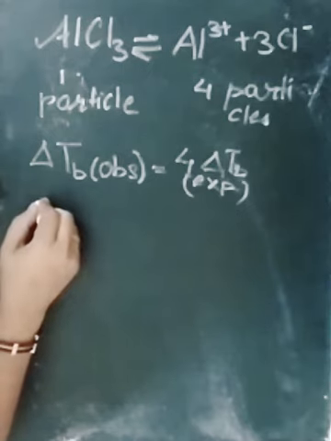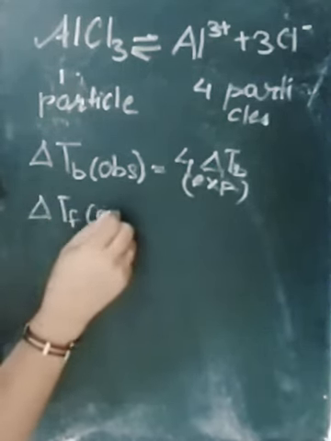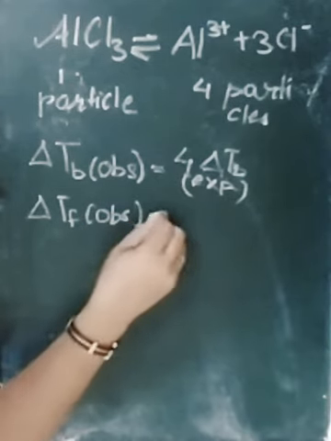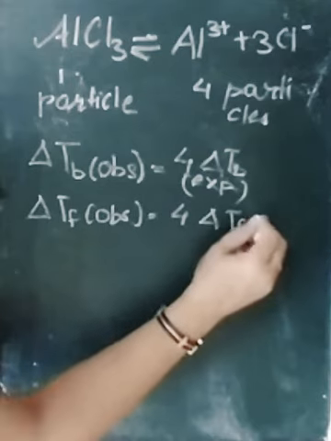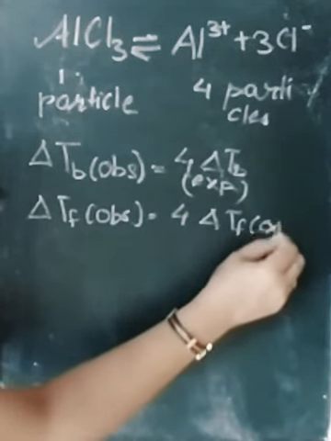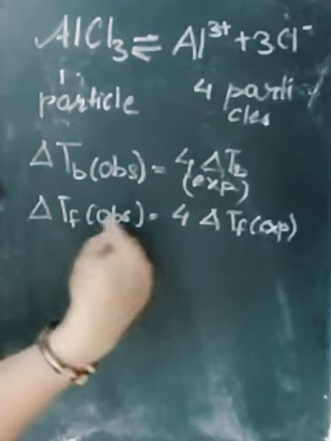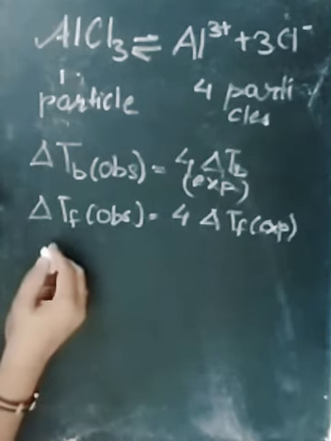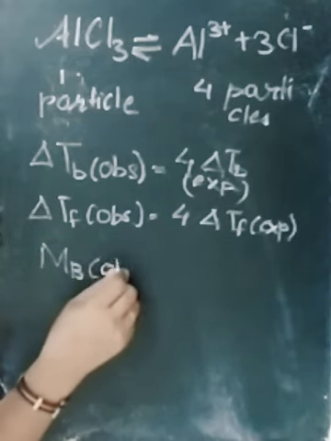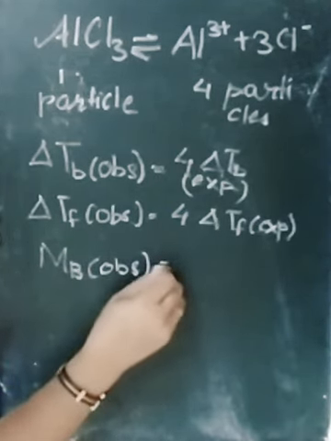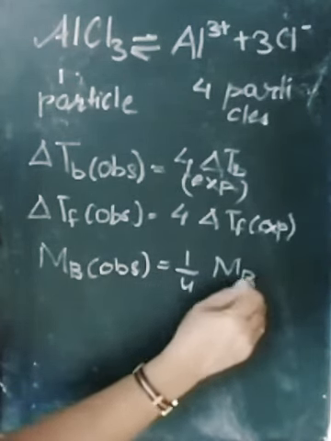Del TF will also be 4 times: expected value will be 1/4 and observed value will be 4 times. So the observed molar mass becomes 1/4 of the expected molar mass.